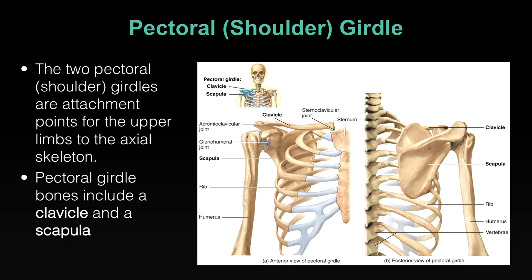And the shoulder girdle goes around part of the axial skeleton, part of the thoracic cage. Pectoral girdle is only made of two bones, clavicle and scapula. And those two bones make at least part of a structure that encompasses the thoracic cage.